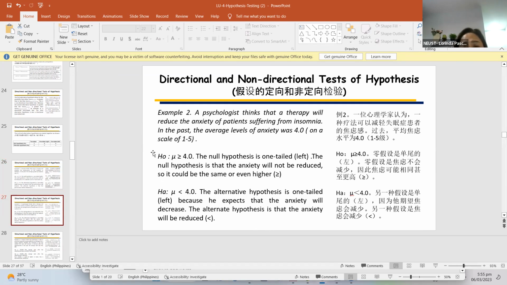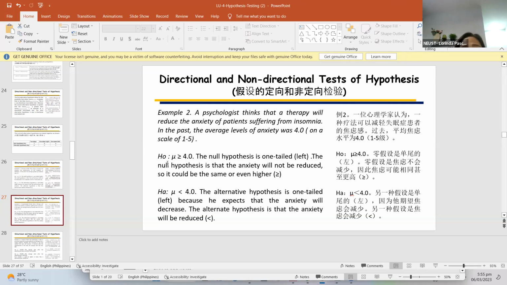Now, example 2. A psychologist thinks that a therapy will reduce the anxiety of patients suffering from insomnia. In the past, the average level of anxiety was 4.0. This was interpreted on a scale of 1 to 5. So what will be the null hypothesis for this particular problem?